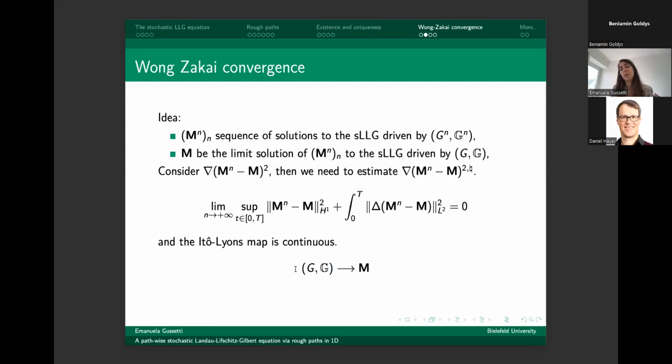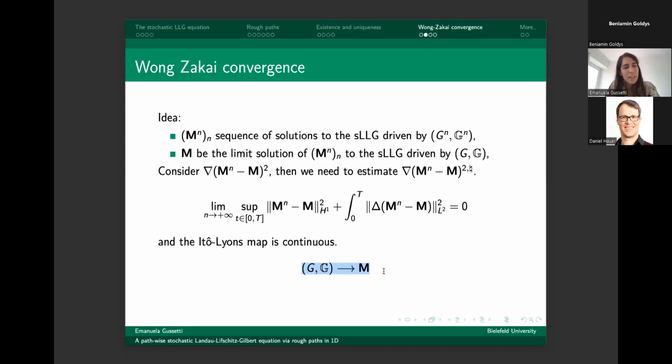And this is one reason why, if one needs something like a support theorem or large deviations, and if one can prove the continuity of the Itô-Lyons map, let's say these theories can be very powerful, depending on what one has to do, of course, and if one can apply it, that's another thing.